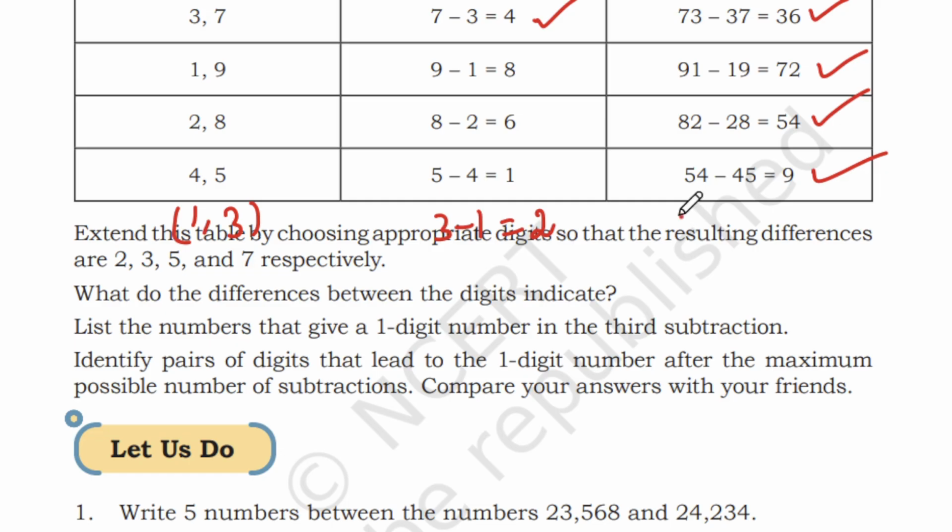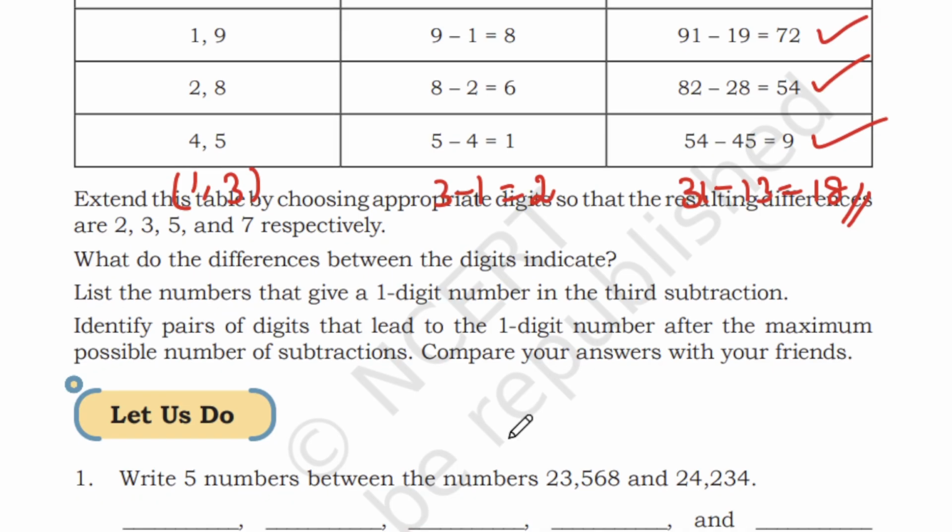So here you will get 31 minus 13. We have to subtract 31 minus 30. So 31 minus 13 is 18. Likewise, you can extend this table.